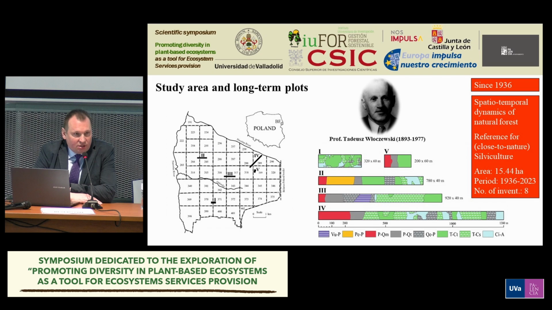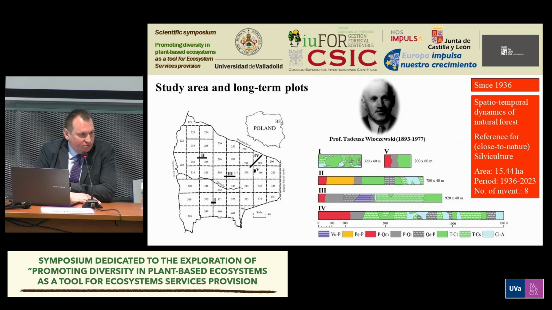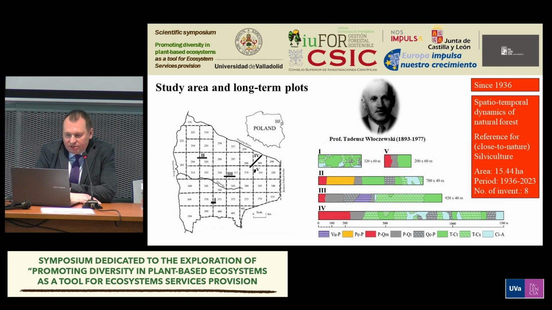The plots go across the main woodland communities to represent different gradients of soil richness from oligotrophic to eutrophic, and groundwater supply from very dry to wet, and one that grows on a peatland. The total area is around 15 hectares, and so far we have measured 8 times.